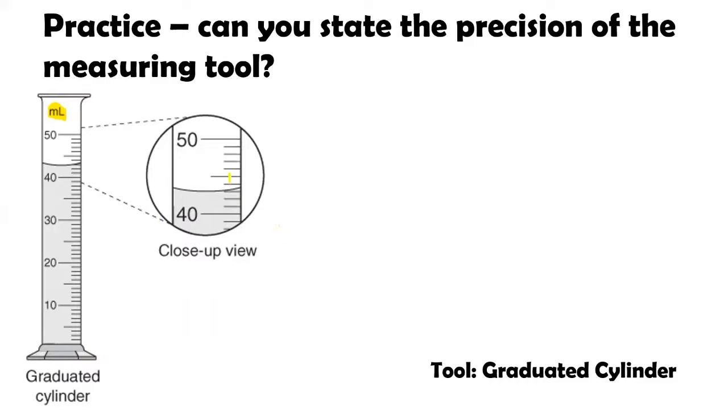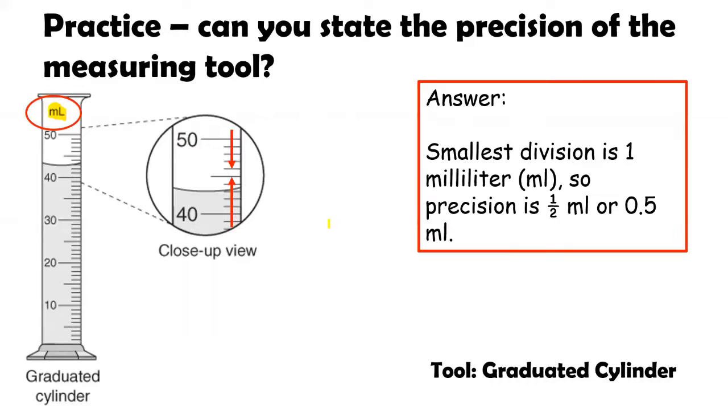So the question is, how much does one division represent in terms of milliliters? Well, we're taking 40 to 50 and dividing it into 10 spaces. So one division would give us 1 milliliter. So the precision would simply, again, be half of that, 0.5 milliliters.